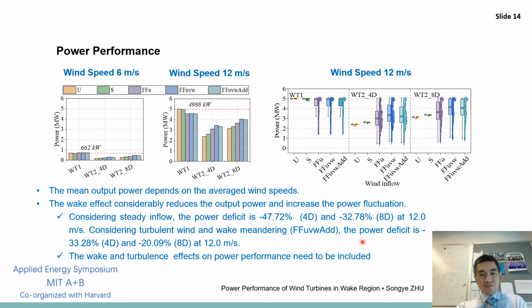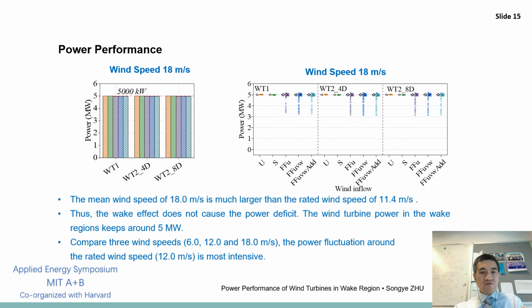It will get the power deficit only 33% at 4D distance, only 20% at 8D distance. The power deficit is much less. It means the traditional analytical models will overestimate the power loss here. So if we want to accurately predict the power loss of these wind turbines in the wake region, we have to consider this wake meandering effect and the wake added turbulence effect in the simulation.